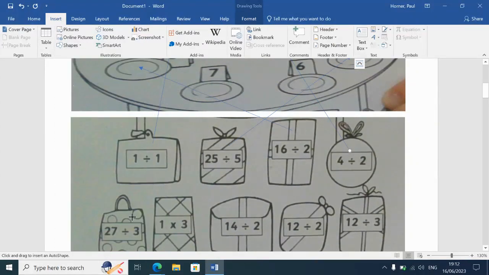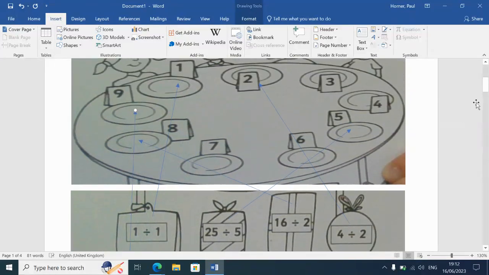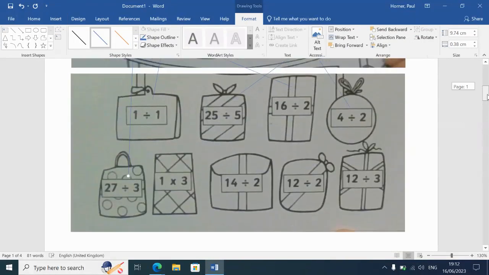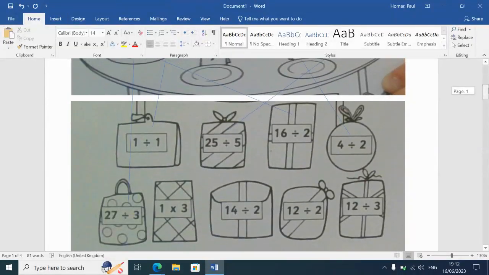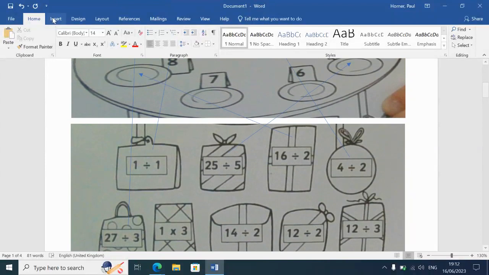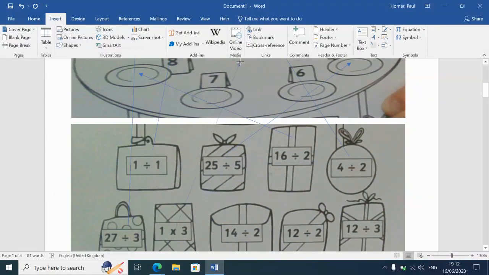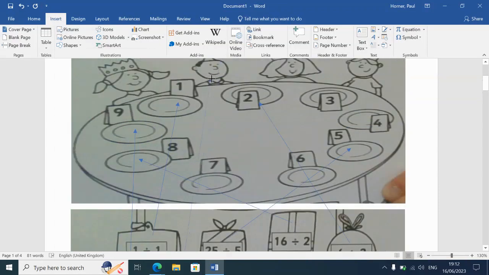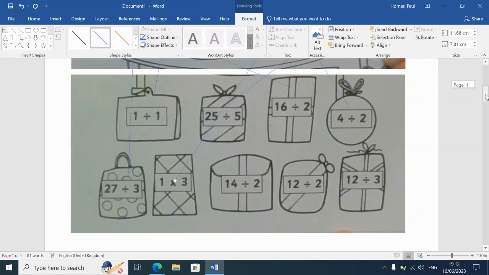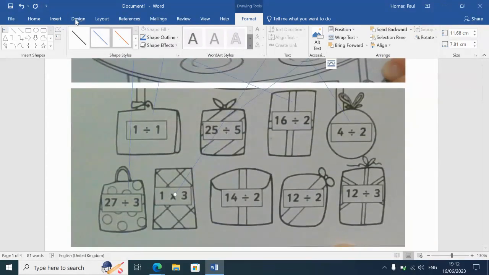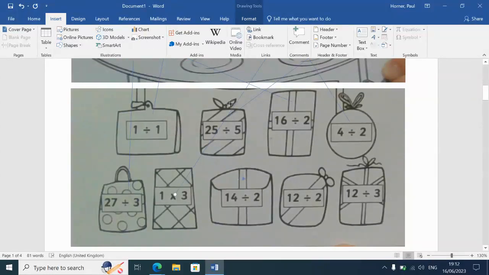Okay, and next present. 1 times 3 would be 3. Okay, brilliant. And next present, 14 divided by 2 would be 7. Okay, brilliant.